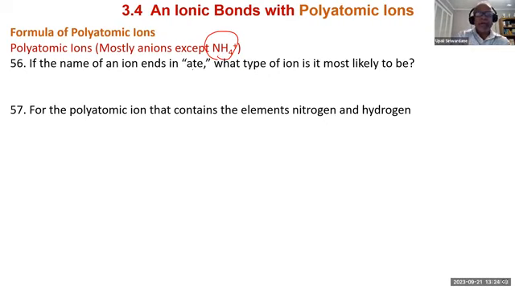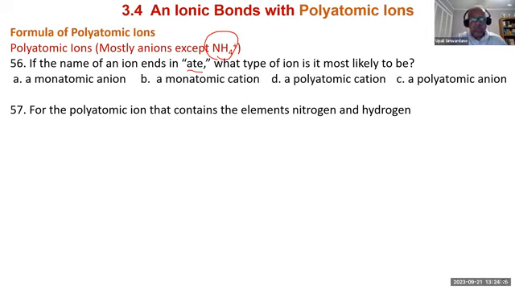Most of the ion names end with ate, like nitrate, sulfate. Monoatomic ions end in ide, while ate is mostly polyatomic.